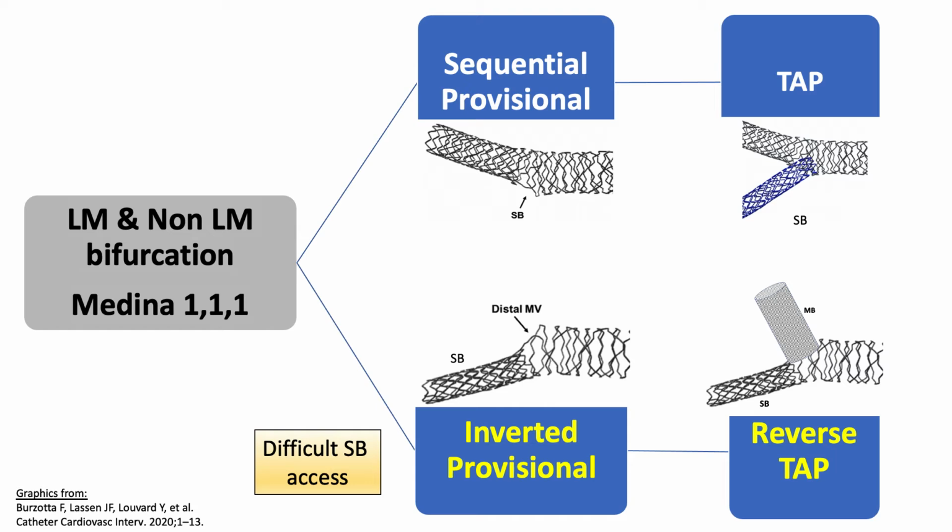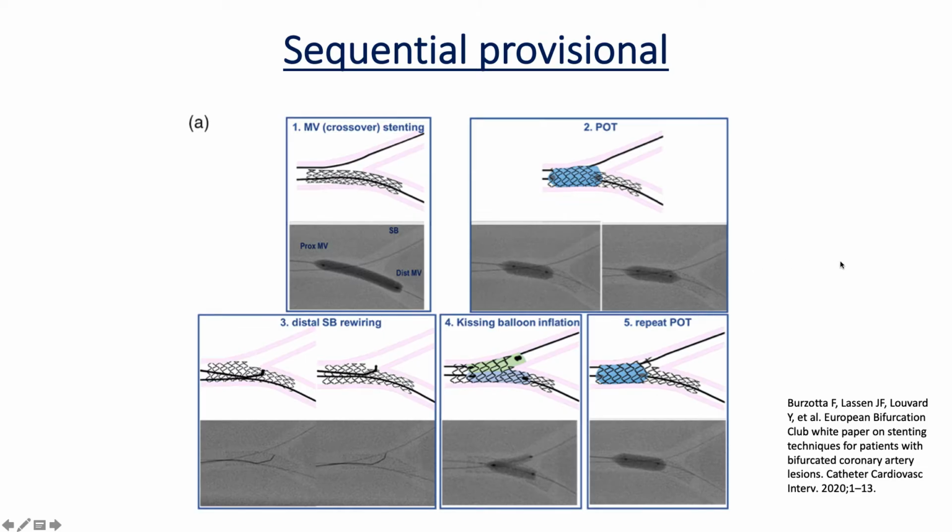And the natural bailout to that is the reverse TAP technique with T and protrusion, which allows for adequate coverage of the entire bifurcation. The detail of the sequential provisional is very nicely outlined in the paper of the European Bifurcation Club, published in CCI in 2020.